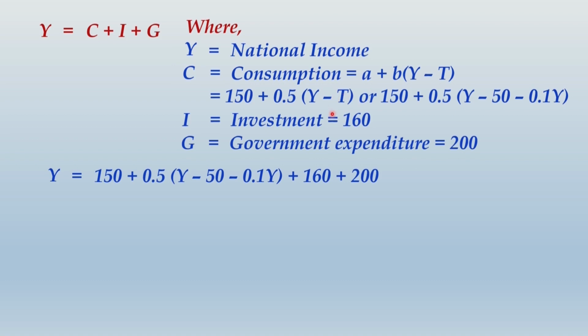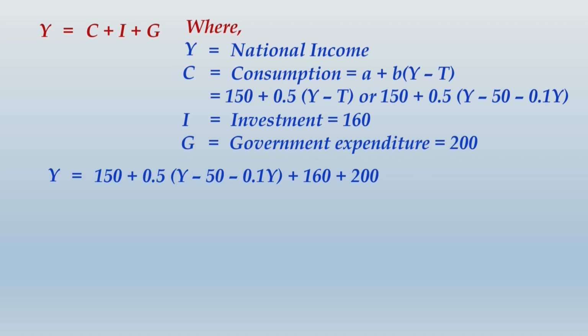Because outside the bracket there would be a negative sign, both the values 50 as well as 0.1 y will be with negative signs. Basically 50 as well as 0.1 y both are representing tax, and tax has to be subtracted from the income. So there is no question of any plus sign coming in between. Plus sign would come only when there are transfer payments. So the information is very clear.